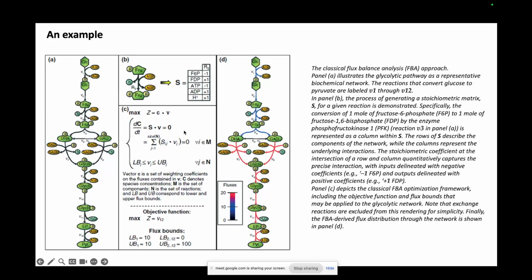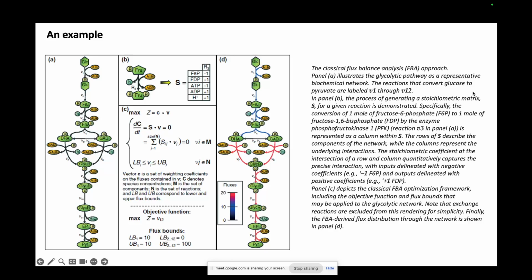This, if I am not very wrong, is the glycolysis pathway. It starts from glucose 6-phosphate, fructose 6-phosphate, and ends at pyruvate. I don't remember the glycolysis pathway so vividly, but I think this is the glycolytic pathway. Oh yeah, it's written here. The classical flux balance analysis approach: this is an illustration of a glycolytic pathway as a representative biochemical network.